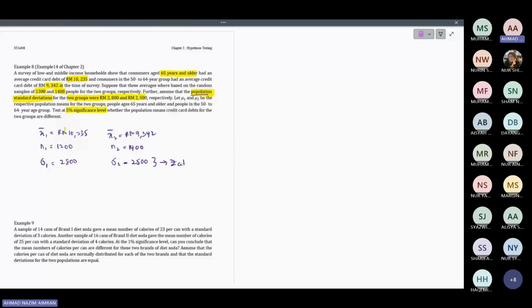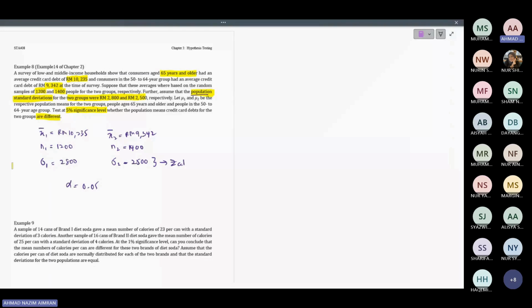Again, in chapter 2, the question will ask you to find, for example, 95% confidence level. 95% confidence level is equal to 5% significance level. So our alpha is equal to 0.05. Whether the population mean credit card debts for the two groups are different.